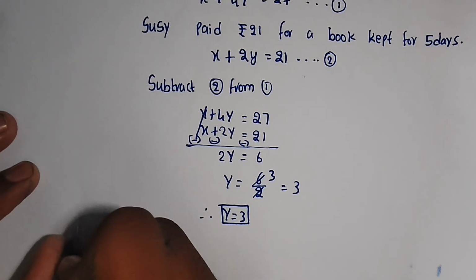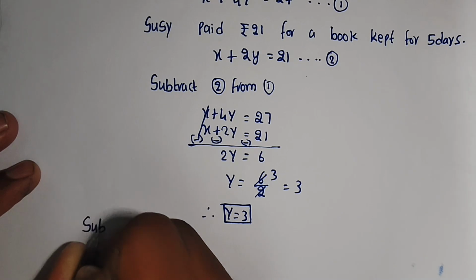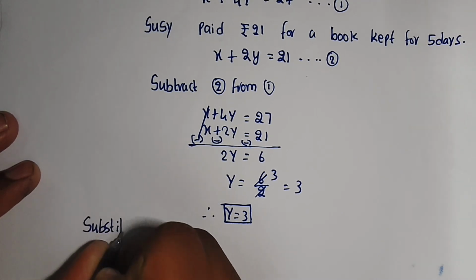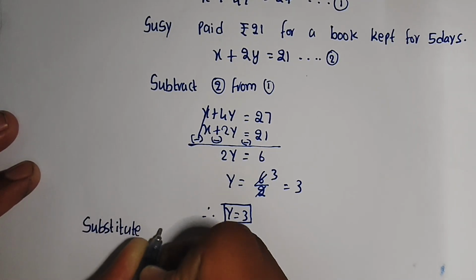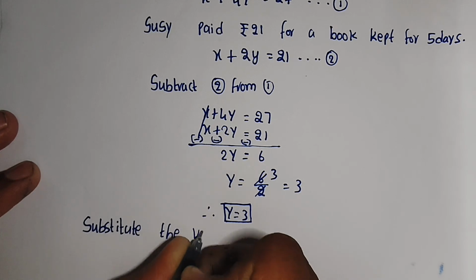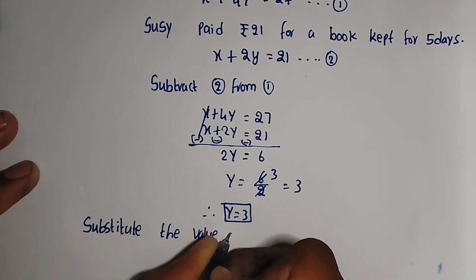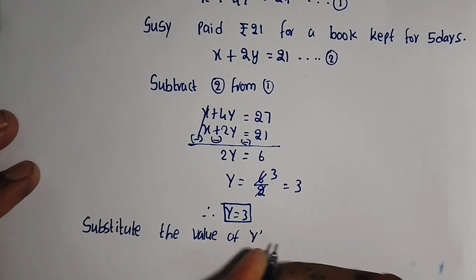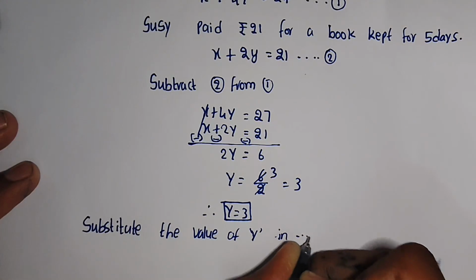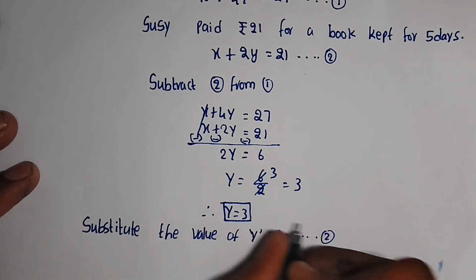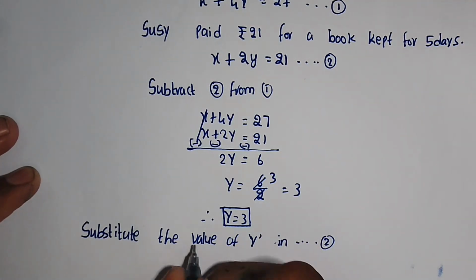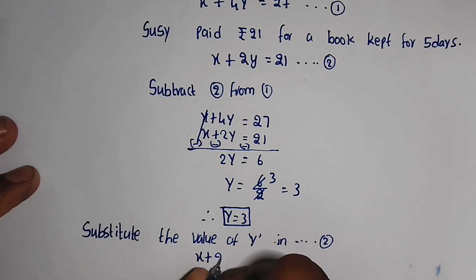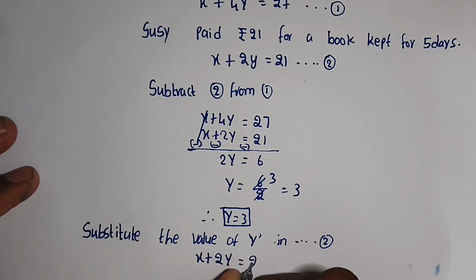So now substitute the value of y in equation 2. I am going to substitute the value of y that we got, 3, in equation 2. Equation 2 is x plus 2y equals 21.